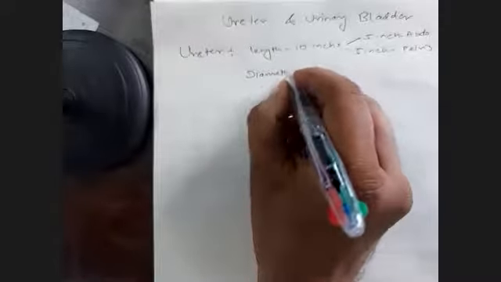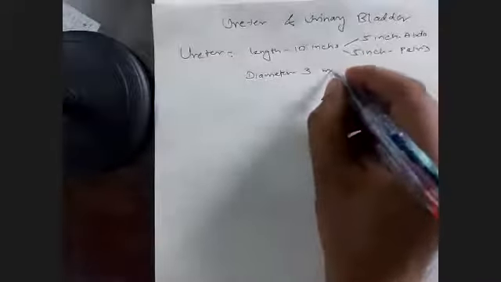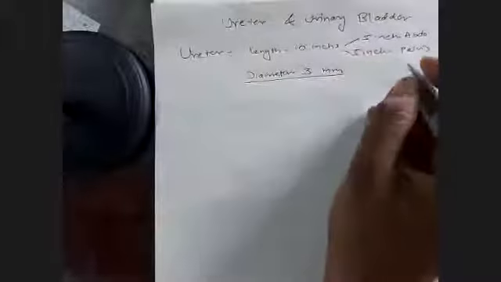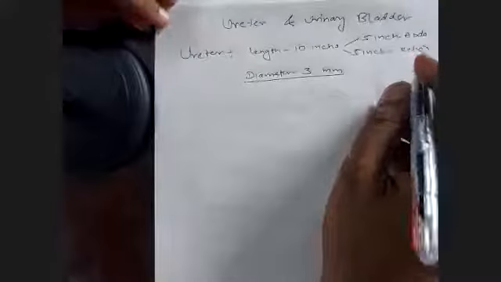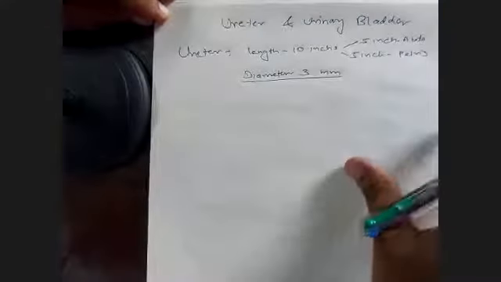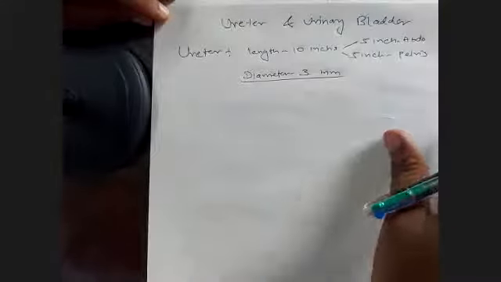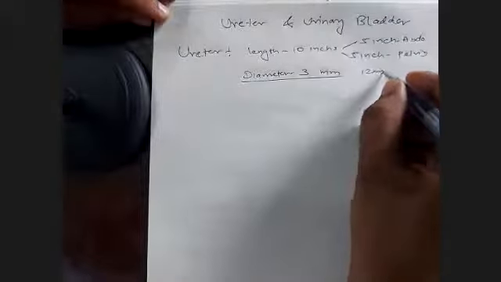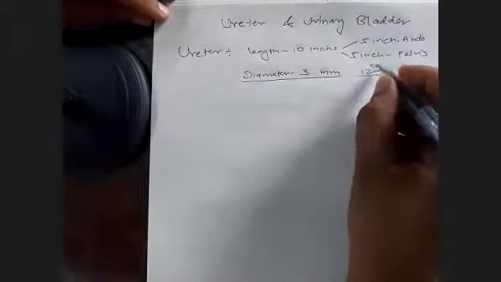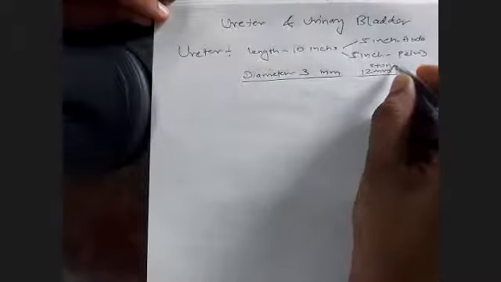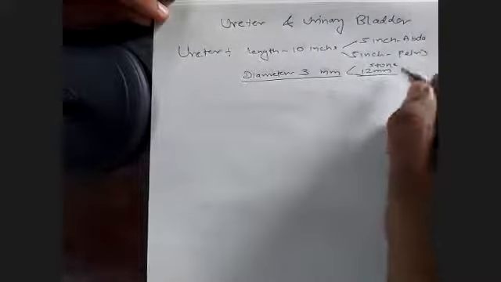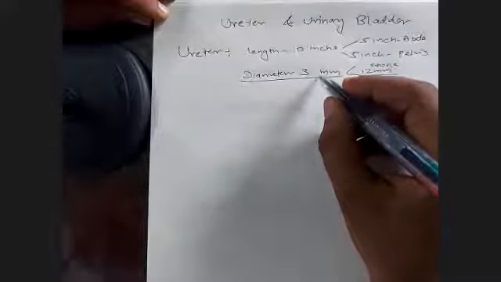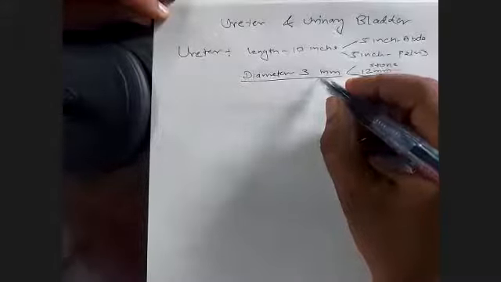The diameter of the ureter is 3 millimeters. Now this is very important for us to know, because whenever you read a report of a ureteric stone and they say that the stone is 12 millimeters, a 12 millimeter stone will not pass through a 3 millimeter ureter and it has to be surgically treated.